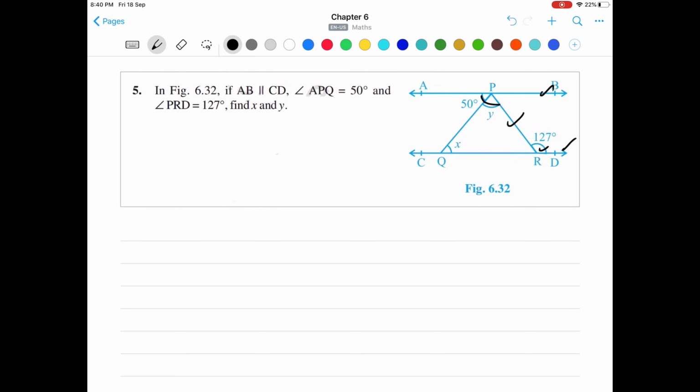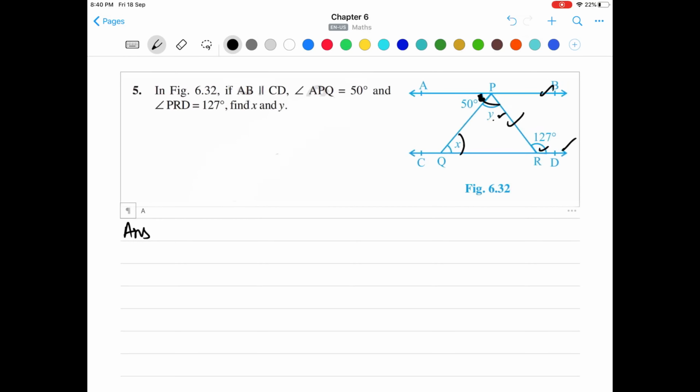So we can easily find these two by subtracting it from 127. You will get the value Y, and this angle and this angle are alternate interior angles, so they have to be equal. So let's write it.